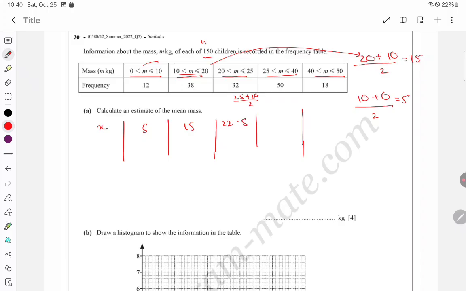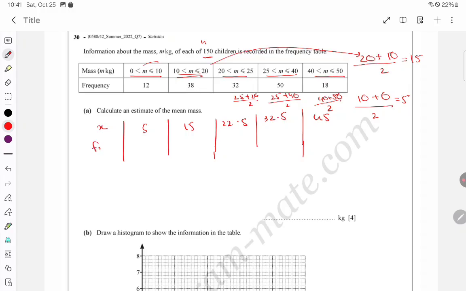And for the next, 25 plus 40 divided by 2 will give you 32.5. Then 40 plus 50 divided by 2 will give you 45.